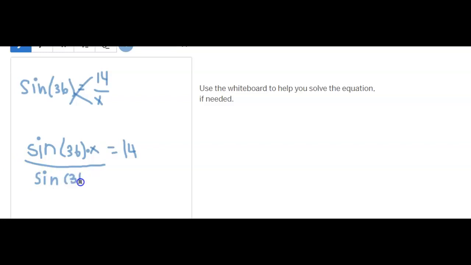This is going to eliminate sine 36 on top and bottom, and it's going to give me x. Now I can divide this side by sine 36 as well, and that's going to give me the value of x.